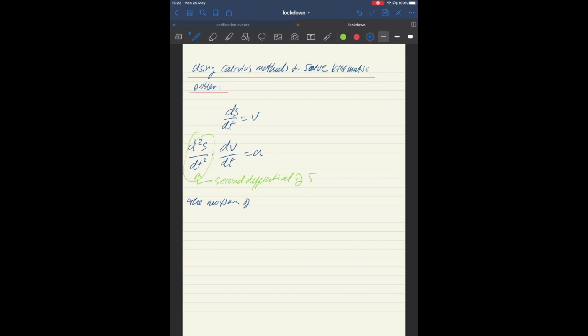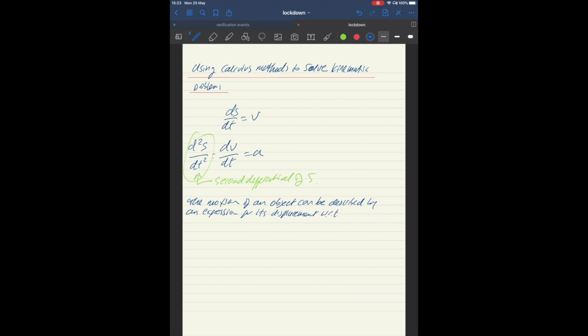So the motion of an object can be described by an expression for its displacement with respect to time.